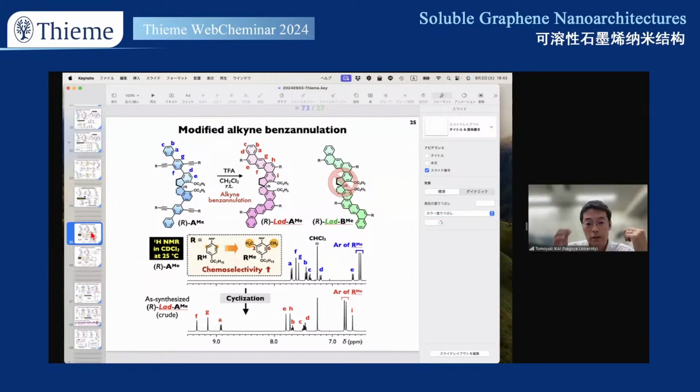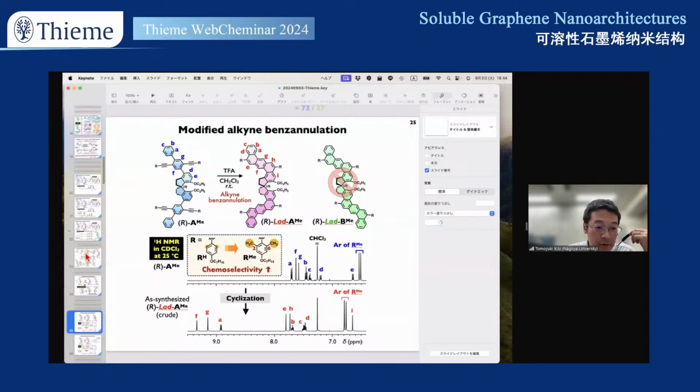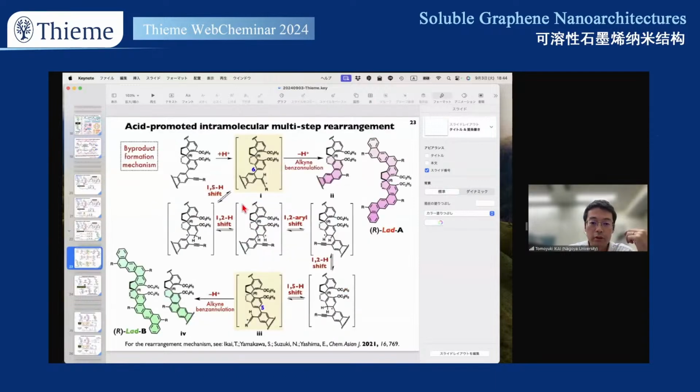Yeah. So this methyl substituent increases the chemoselectivity, because this methyl substituent stabilizes, I think, the vinyl cation, the active species. This stabilization of the vinyl cation is, I think, the key point for the increase of the chemoselectivity.